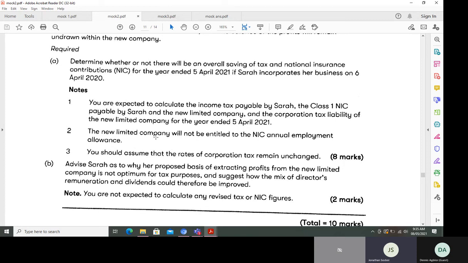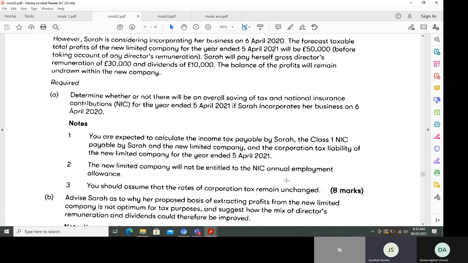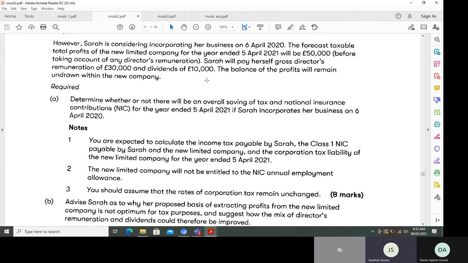So I think they said that one will not be available. So if you calculate the class 1 employer NIC, you don't deduct the employment allowance. You should assume that the rate of corporate tax remains unchanged. Okay, so the main issue here is to determine what overall tax savings there will be if the business is incorporated.